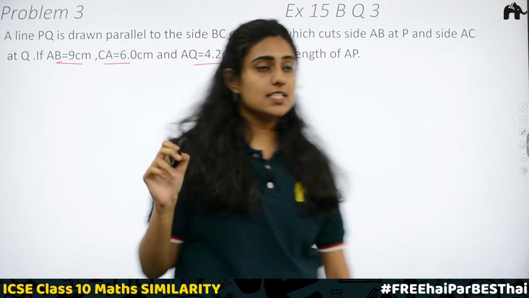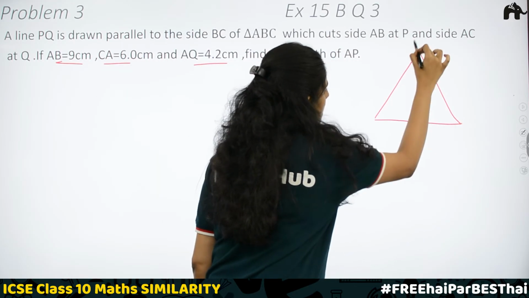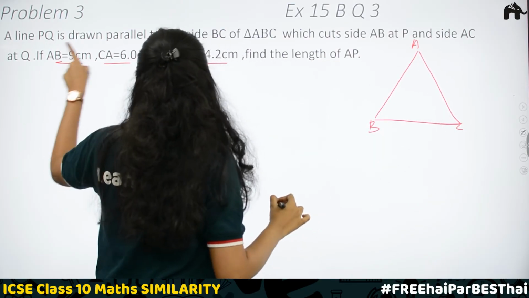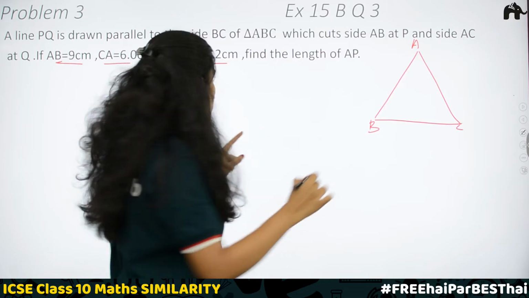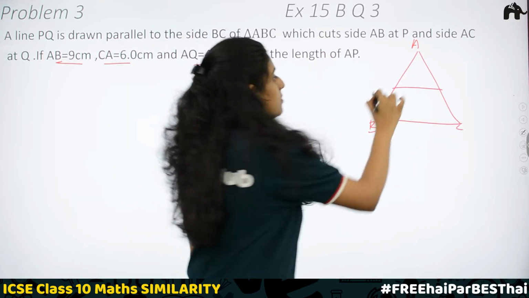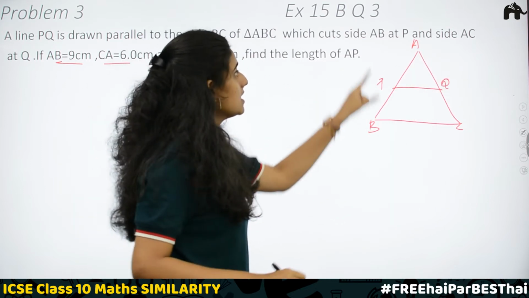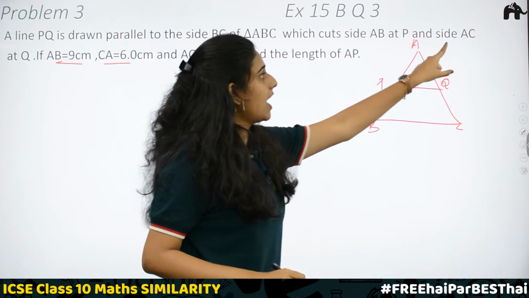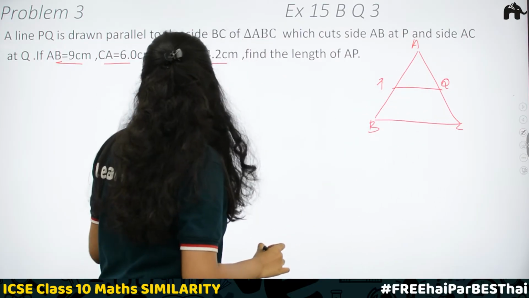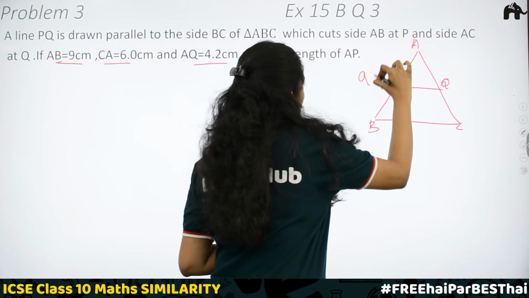We are considering a triangle ABC. So, this is triangle ABC. Given that a line PQ is drawn parallel to BC. This is side BC, parallel to BC, I am drawing PQ. It cuts AB at P and the side AC at Q. Given the length of AB, the total length of AB is 9 centimeter.